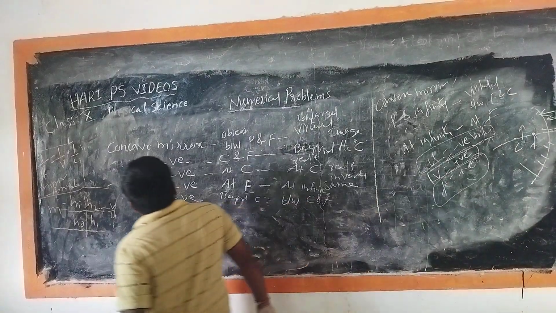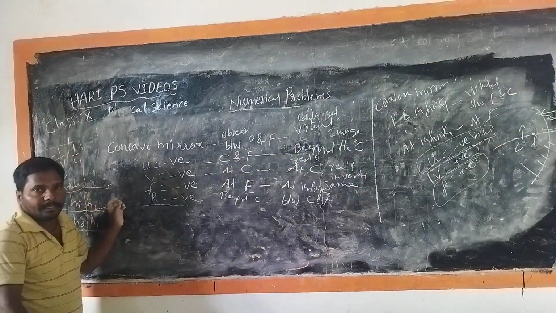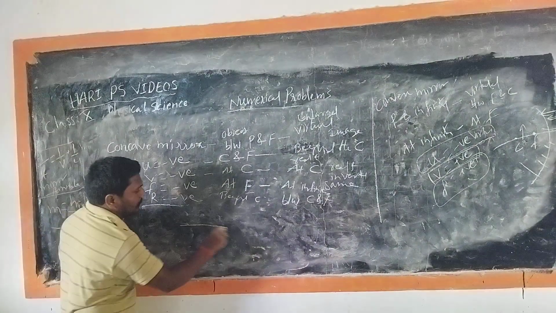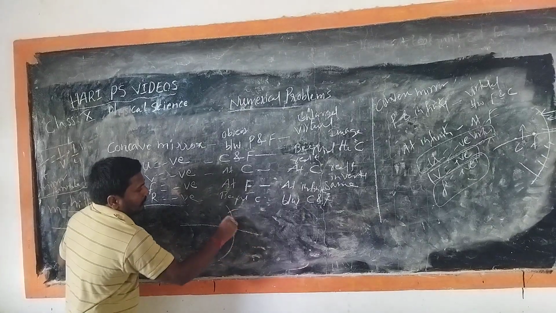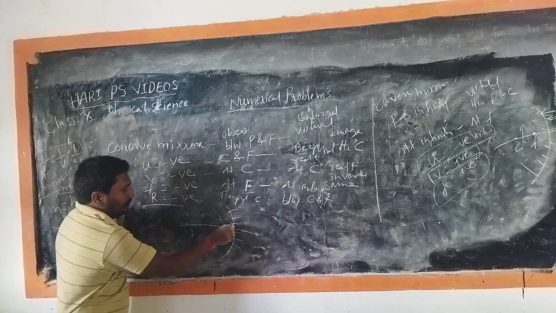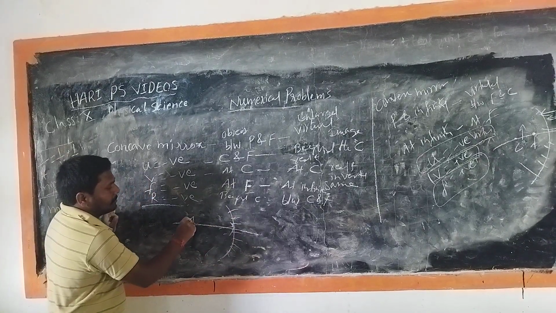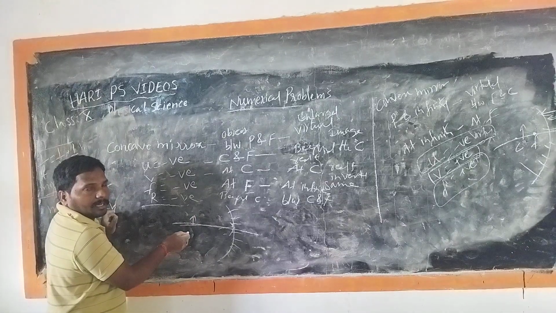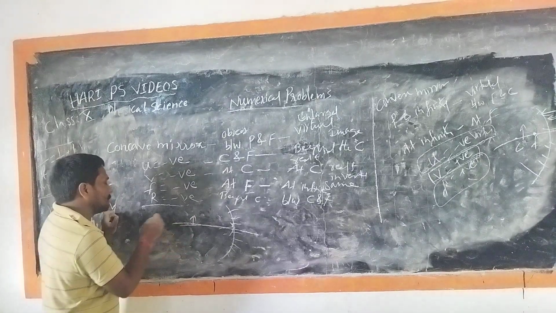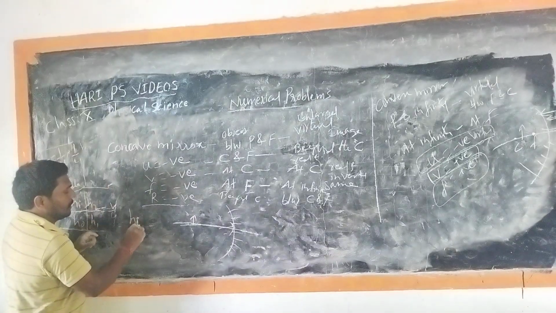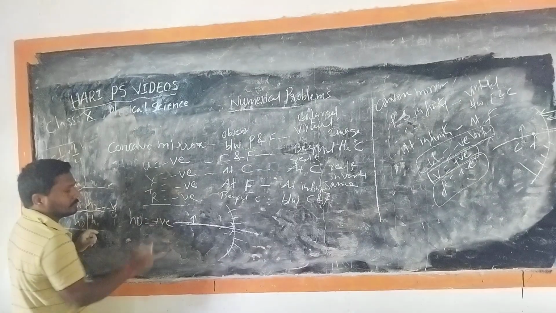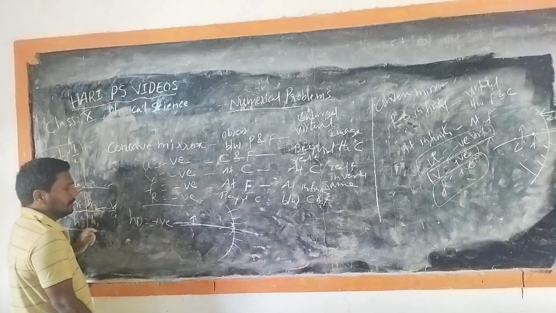But in case of concave mirror, what will happen? Height of the object is positive, right?